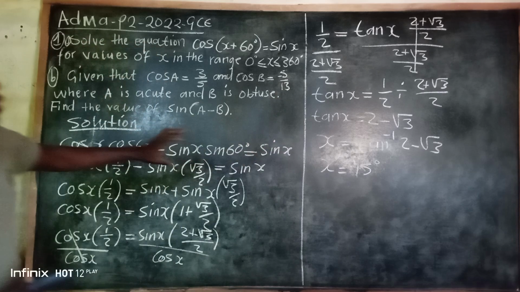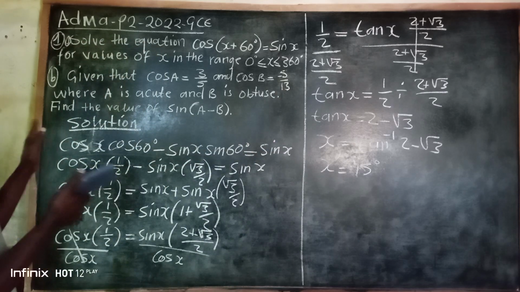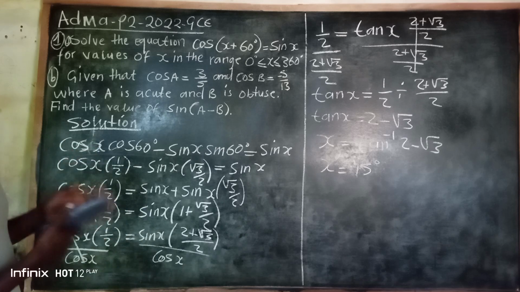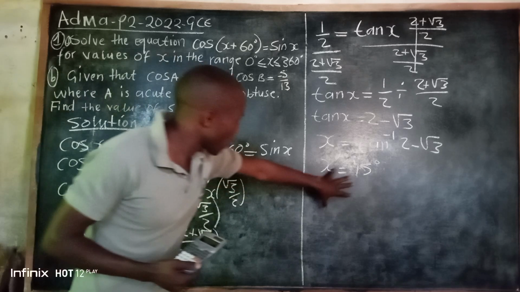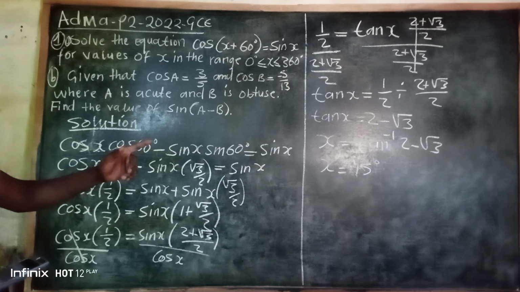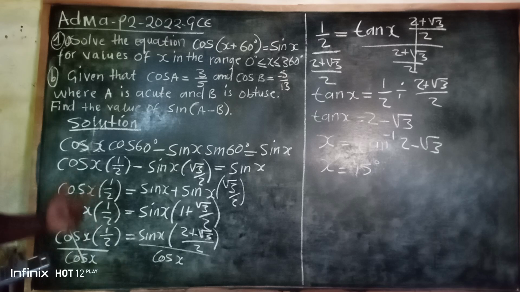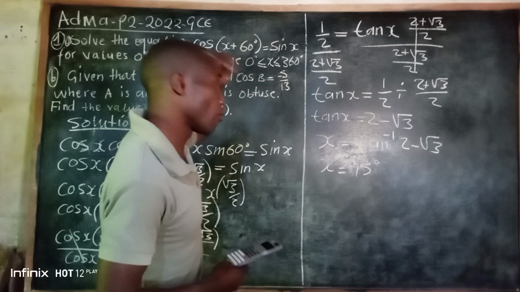So that means the angle that we are going to find should lie between 0 and 360 degrees. Now that we have come up with the reference angle, we are going to consider the tan. The reference angle that we found is a positive one.